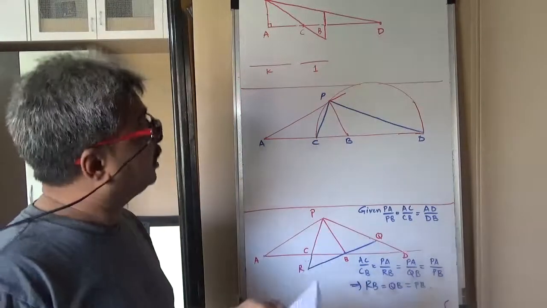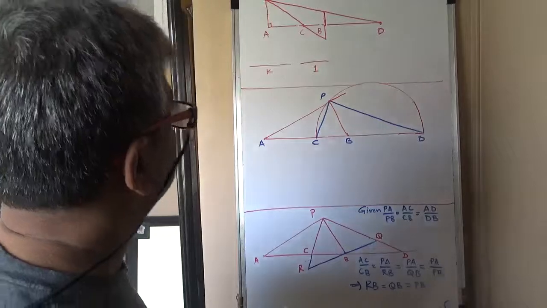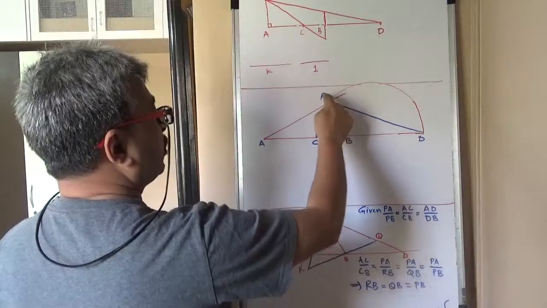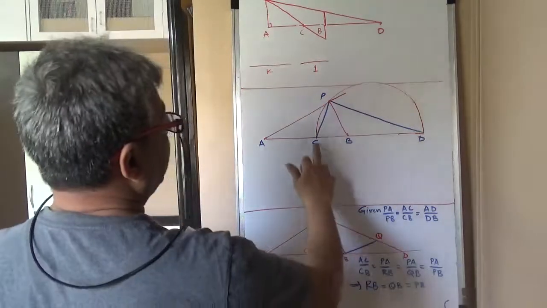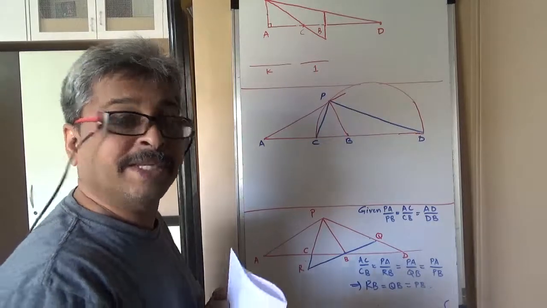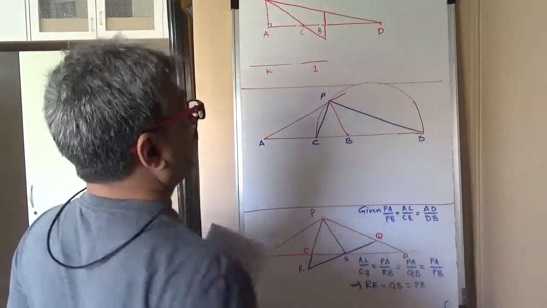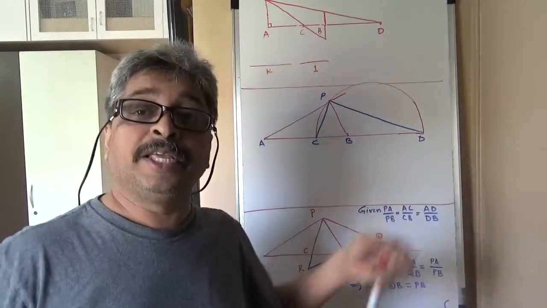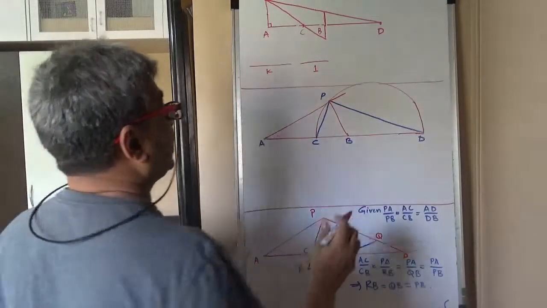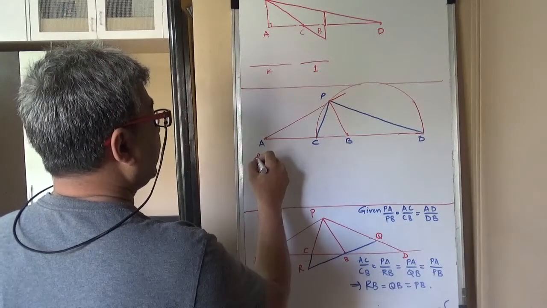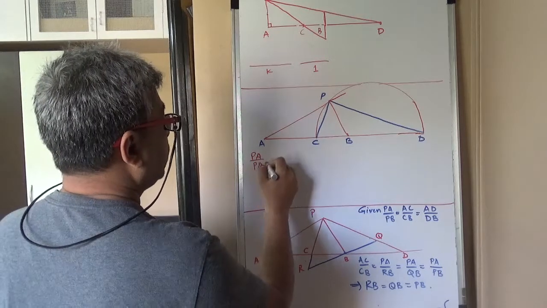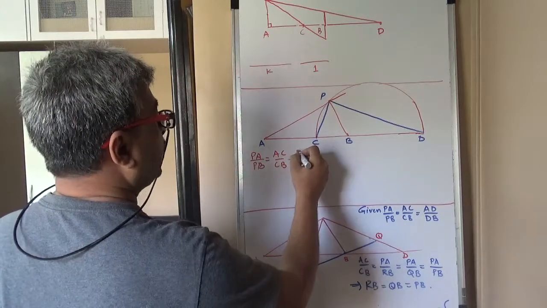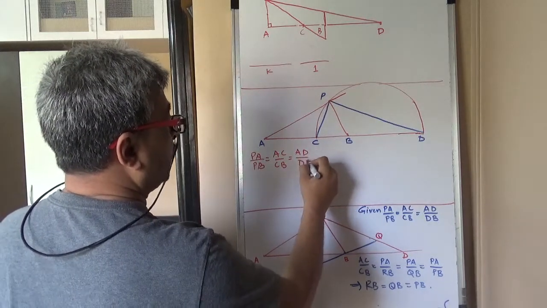Basically the Apollonius Circle theorem says that by the angle bisector property, if I draw the internal angle bisector of angle APB, say it intersects AB at C, and if I draw the external angle bisector of angle APB, it intersects line AB at D, then the angle bisector property says PA upon PB is equal to AC upon CB for the internal, and numerically this is also going to be AD upon DB.